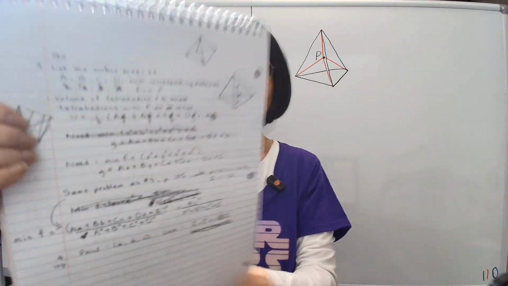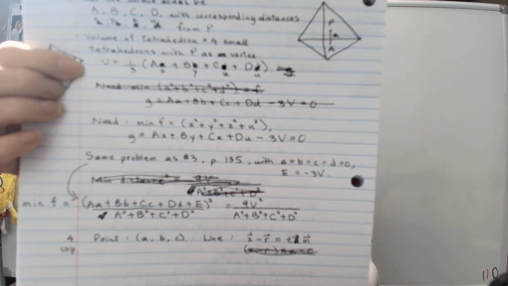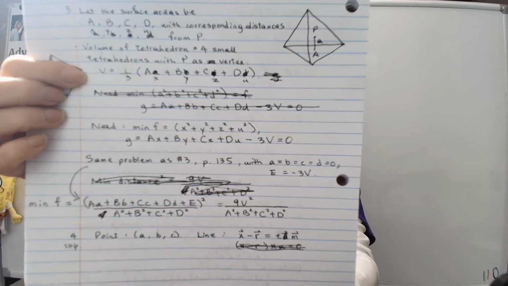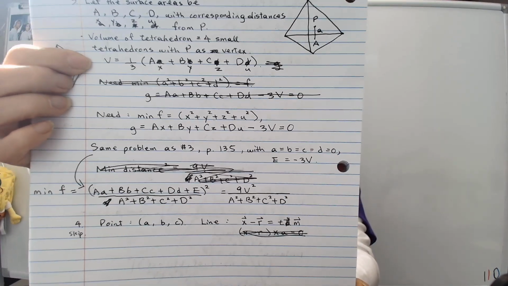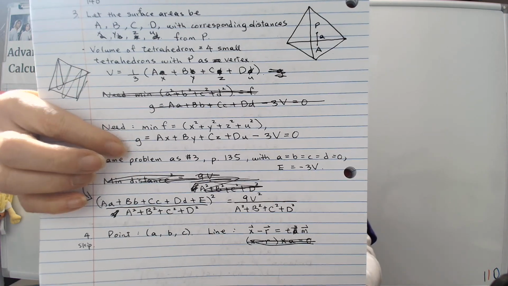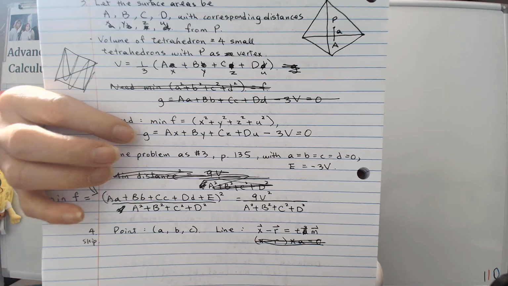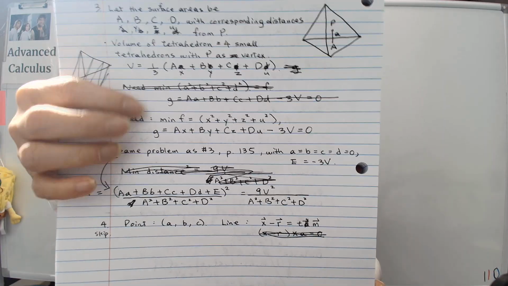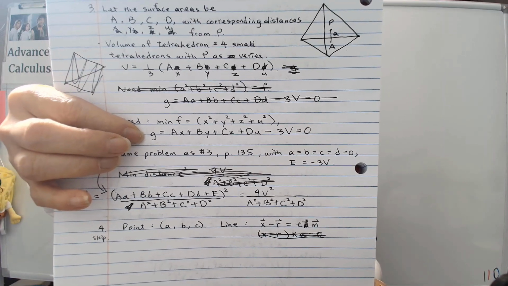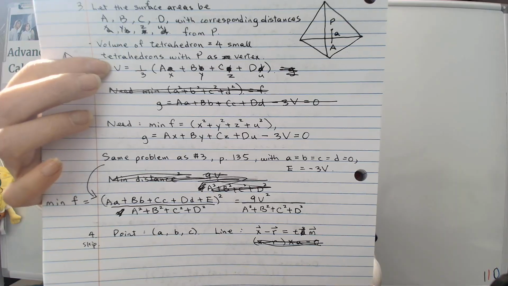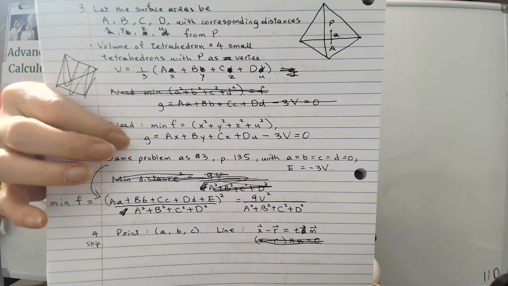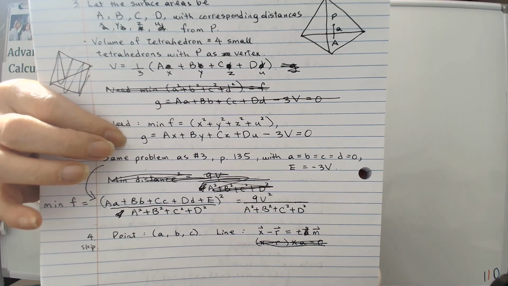Right, G is this equation, where V is given. The point is, G is this equation written slightly differently, okay? That is the condition, that is Ax and so on will be equal to the volume. Well, we write G equals Ax, etc., minus 3V equal to 0.